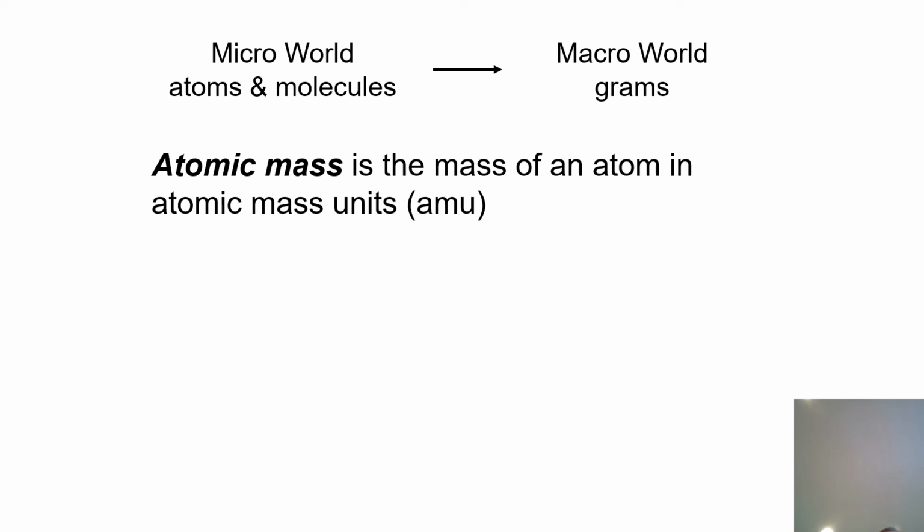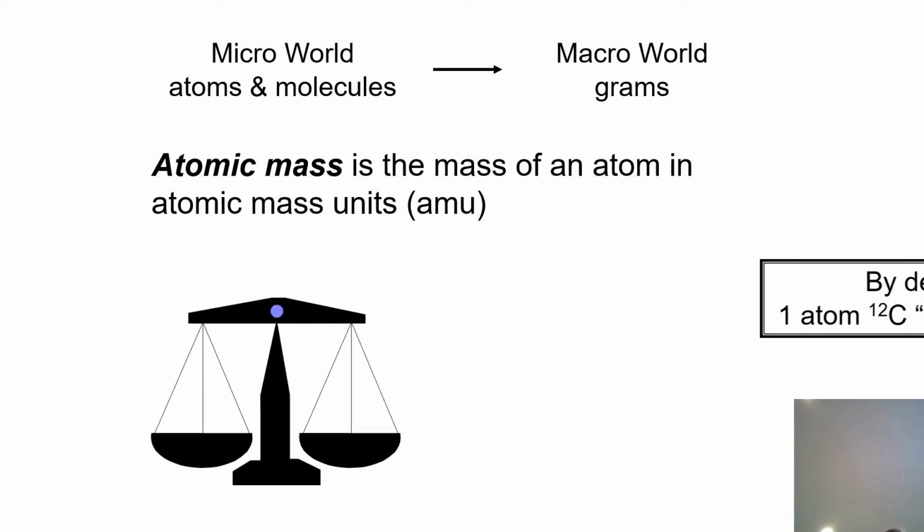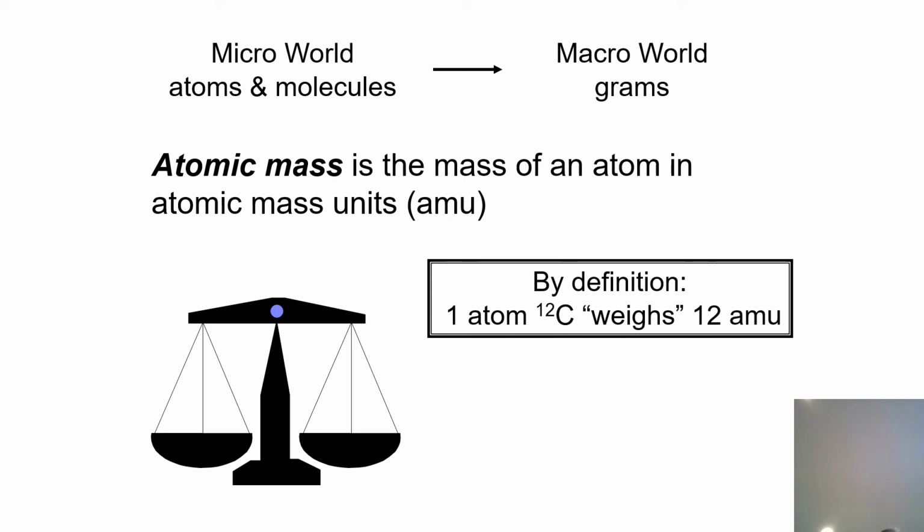AMU is the abbreviation for atomic mass units, and these masses are compared to a carbon-12 atom. So C-12 has been assigned an atomic mass that is exactly 12 AMUs. And all the other masses on the periodic table are relative to that carbon atom.